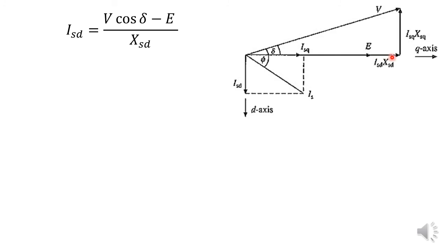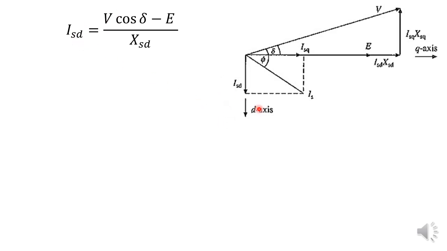So ISD XSD is equal to the component of voltage V along quadrature axis, so V cos delta. This length is V cos delta minus this length E. So V cos delta minus E will give you ISD XSD. So ISD XSD is equal to V cos delta minus E. So we obtain the expression for ISD.